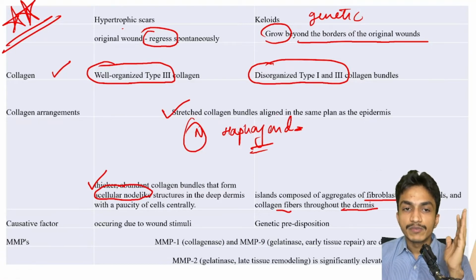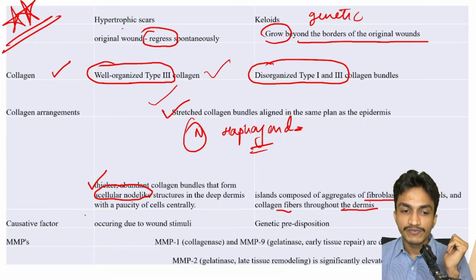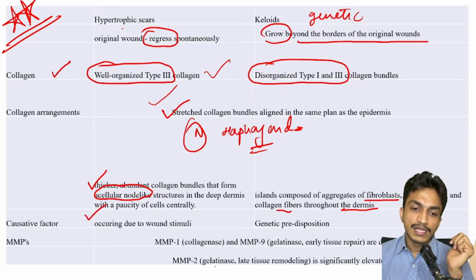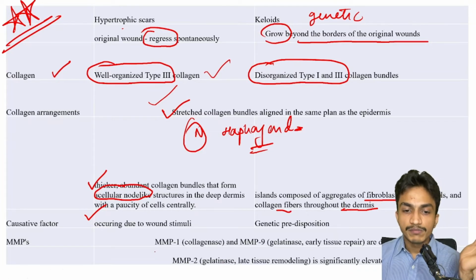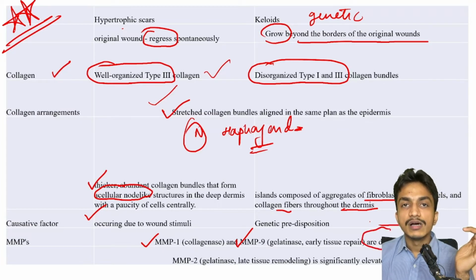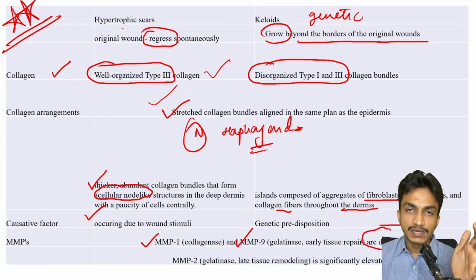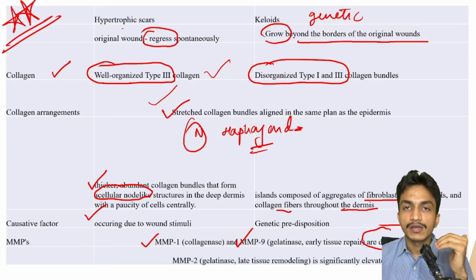You can remember how the collagen is arranged, and the causative factors are already covered: wound stimuli and genetic predisposition. Then this is important to remember: in both of them, MMP1, that is collagenase, and MMP9, that is gelatinase, are decreased, and so there is no early tissue repair. There is collagen deposition leading to hypertrophic scarring or keloids.